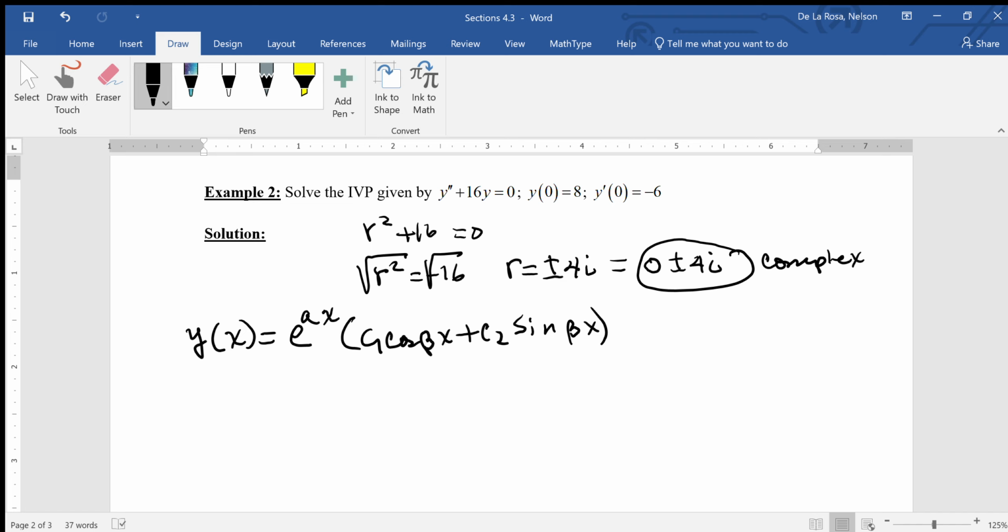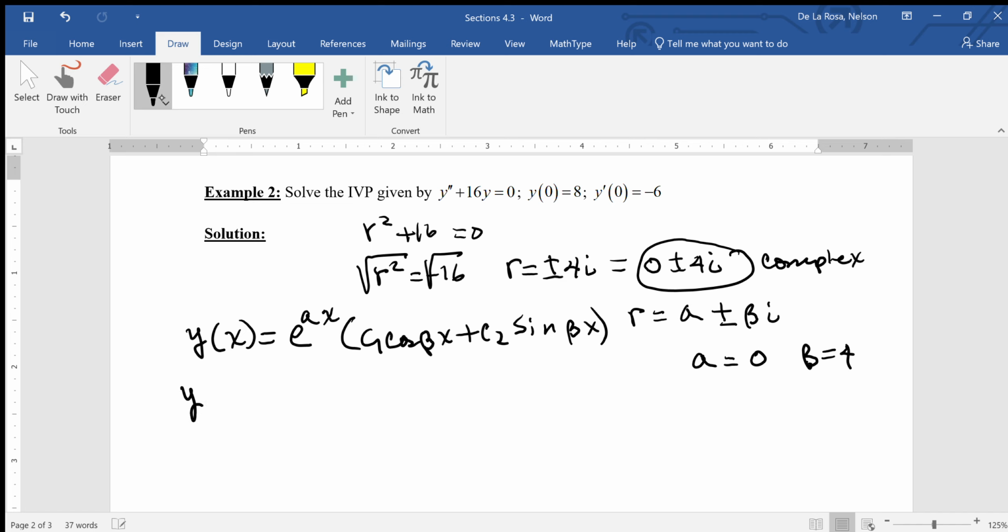And then, if we write the solution of the auxiliary equation as alpha plus or minus beta i, then we can conclude that alpha is 0 and beta is 4.